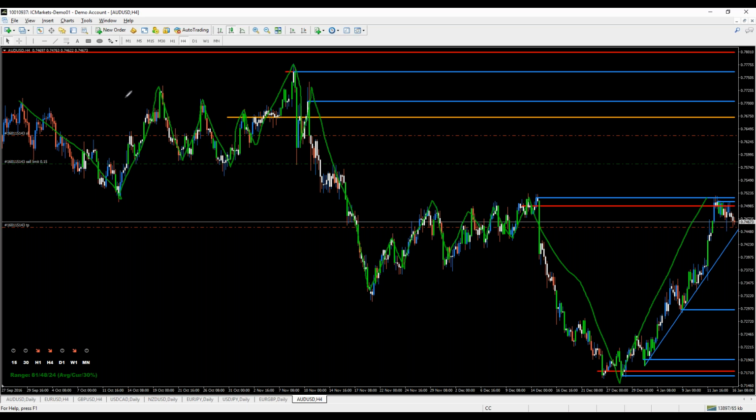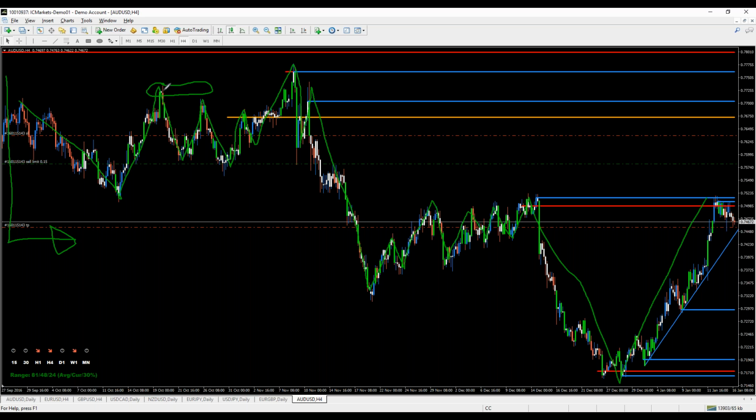Okay, so in order for this to be considered supply, it must consume opposing demand. And what is demand? Well, demand is an area that is capable of using the same rules, either consume opposing supply or break a trend line. And assuming that this is all we can see, from the left and forward, you have to consider for a moment, where is price now in relation to what we have historically?